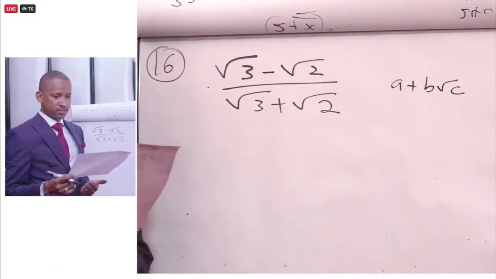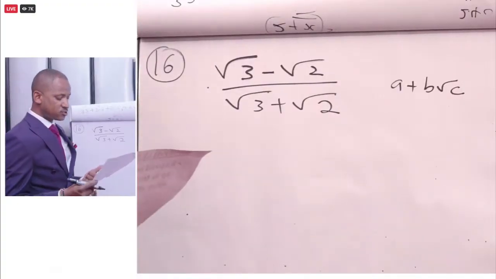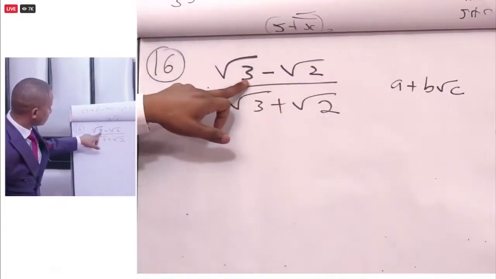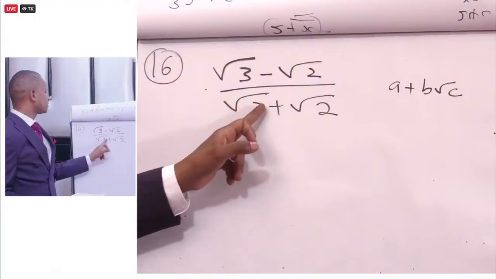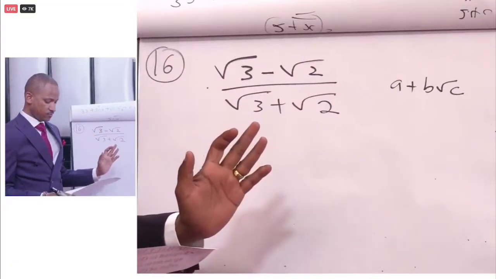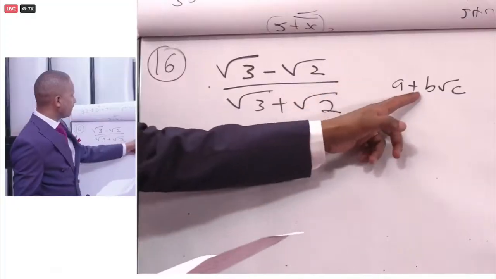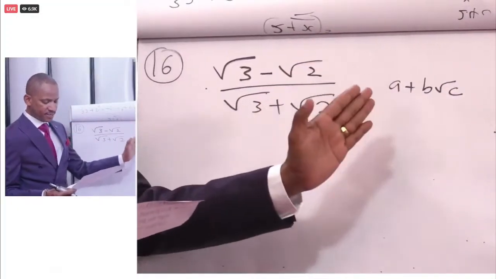I want to read the question again. Simplify by rationalizing the denominator of the expression. This is the expression, root 3 minus root 2 divided by root 3 plus root 2. Giving your answer in the form of a plus b root c, where a, b, c are integers.